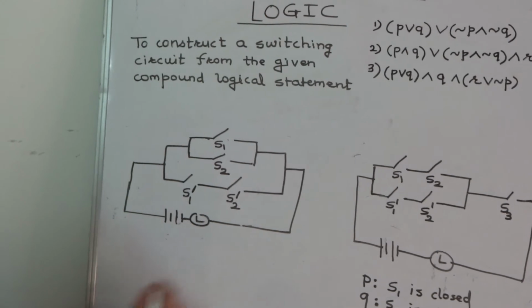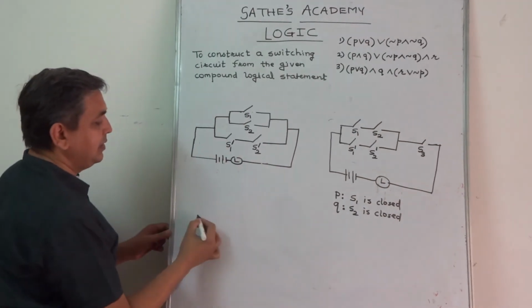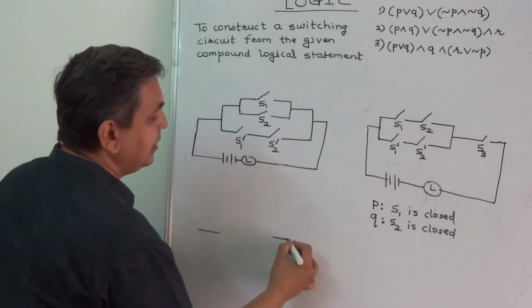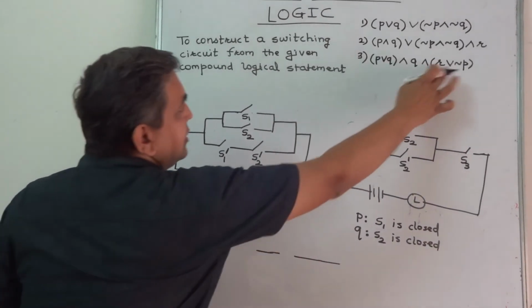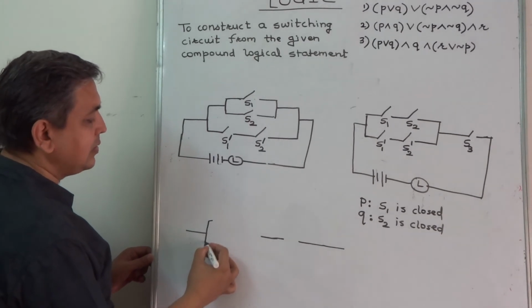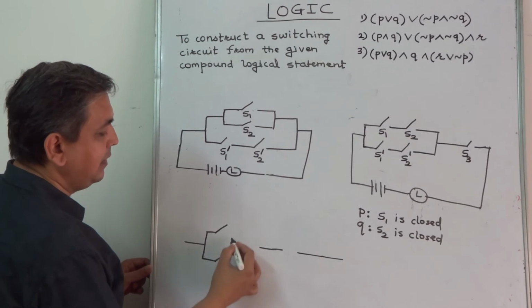See what do we get. This is 1, 2, 3 in a series. So in a series we have something plus something and again this part. Now for the first bracket it is OR, so we write two switches in parallel.